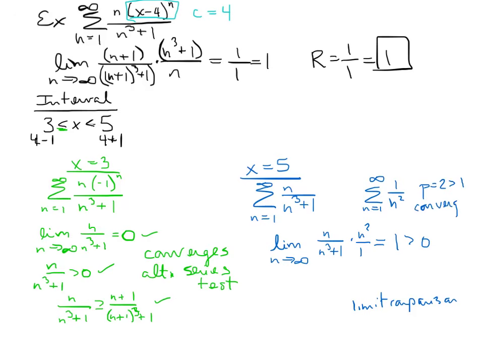That one converges because it's a p series. And so the original will also converge. The sum from 1 to infinity of n over n cubed plus 1 converges. We used limit comparison for that one. And because that one converges, it adds an equal sign to that 5.